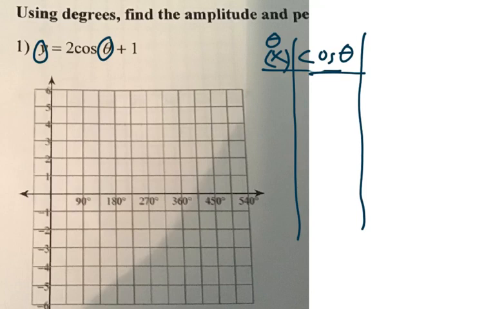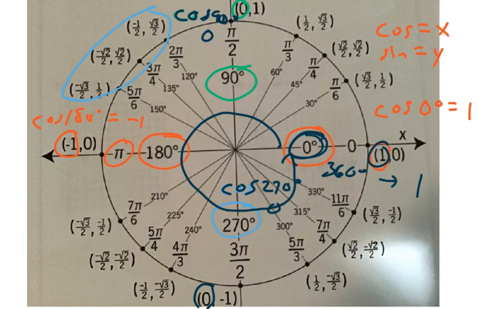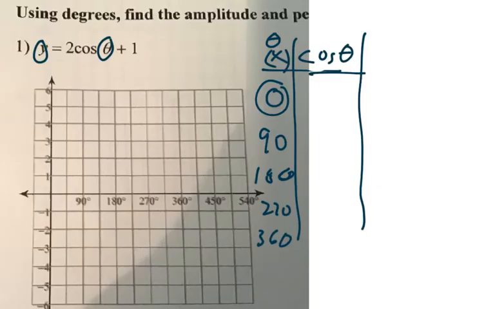Again, we're just going to count by 90s. We're going to do 0 degrees, 90 degrees, 180, 270, 360. What was the cosine of 0, guys? Again, just look right here. That's where we found our values.